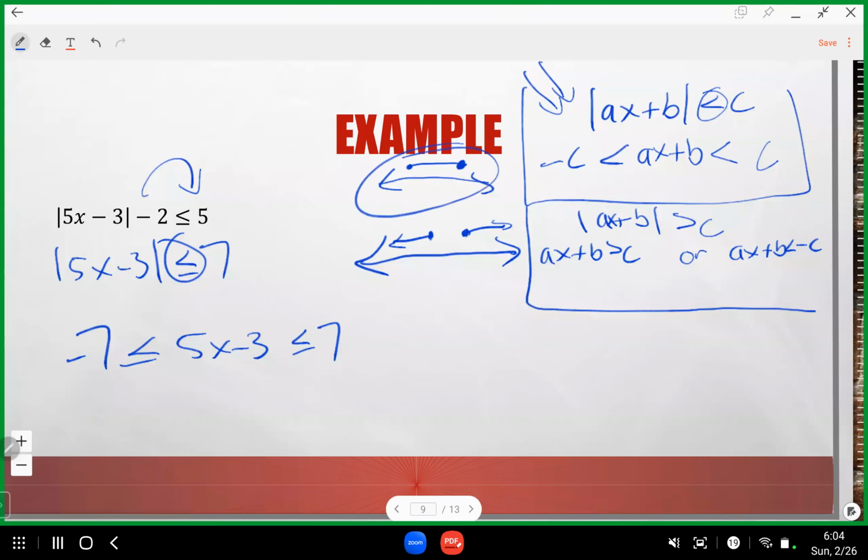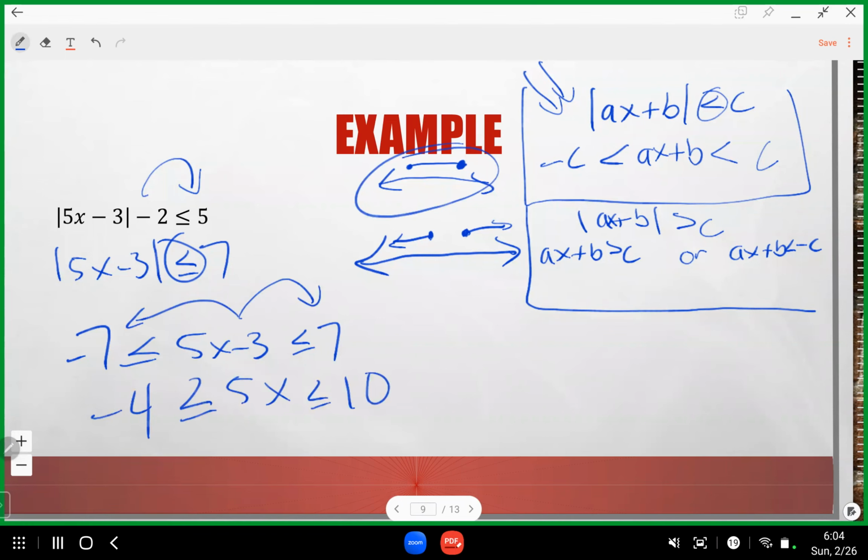This is a compound inequality, so you can solve both sides at once. Add 3 to both sides simultaneously: 5x is less than or equal to 10 and greater than or equal to -4.